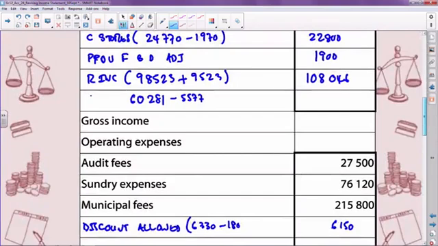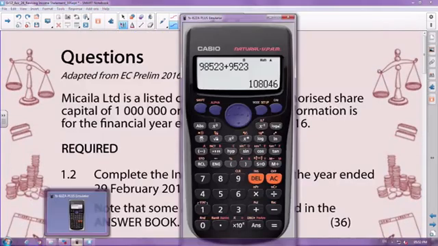Okay, so this is my commission income. Open my bracket, 60281. And remember the double entry, like I said. What was my double entry?